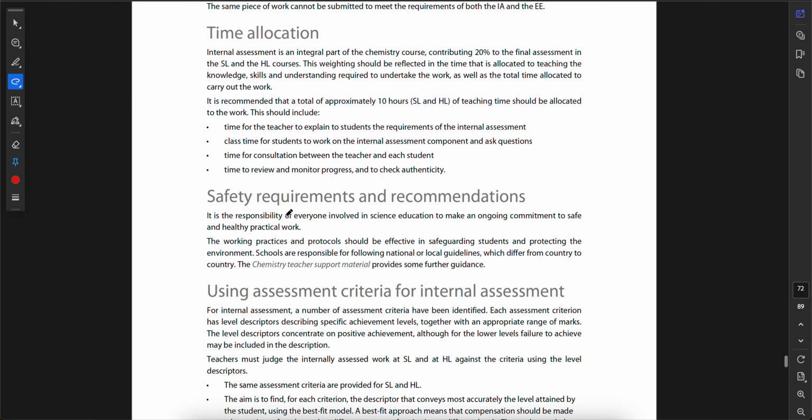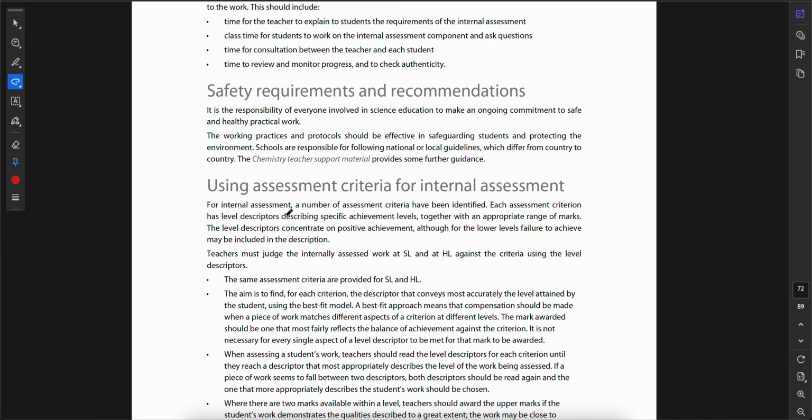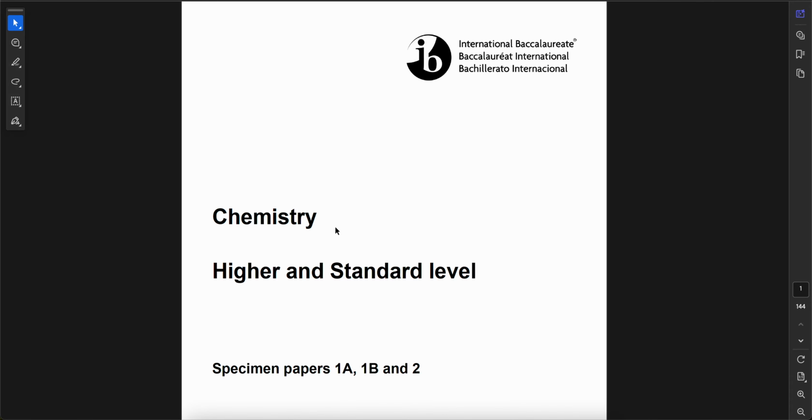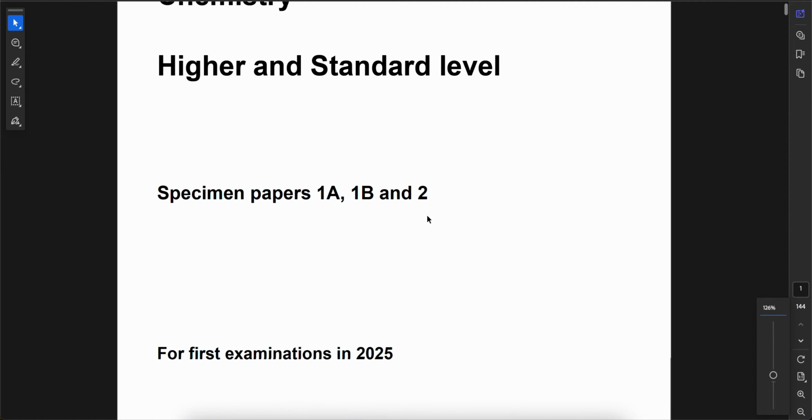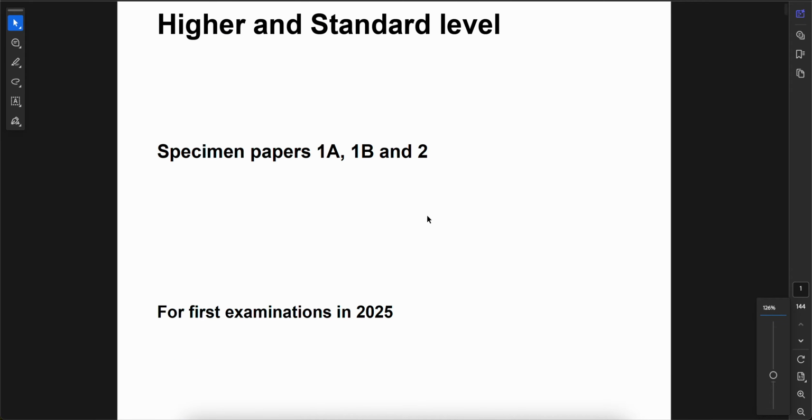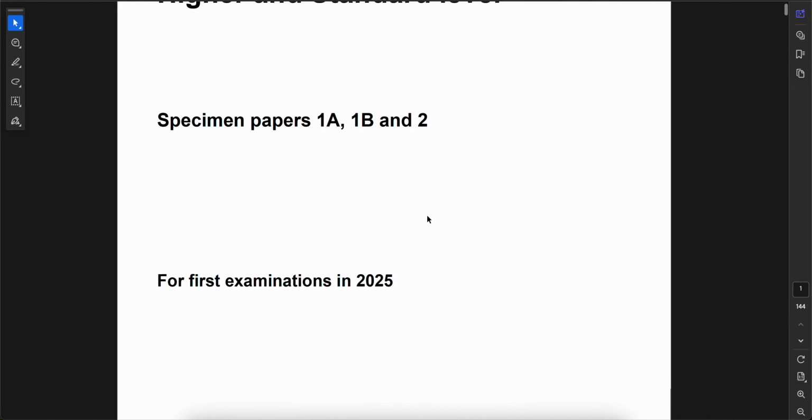Okay, so we'll continue talking about the style of the paper. This is the specimen paper, Chemistry, higher and standard level. There have been no exams done for the syllabus yet, so we can only refer to the specimen.